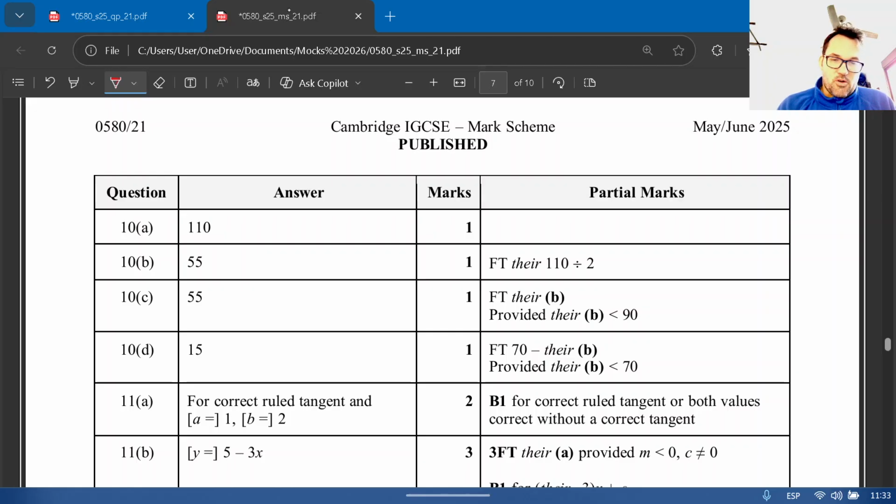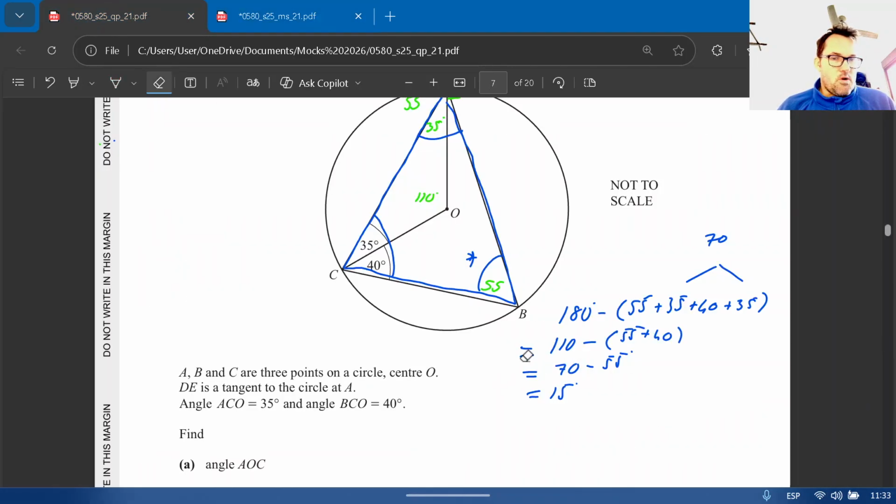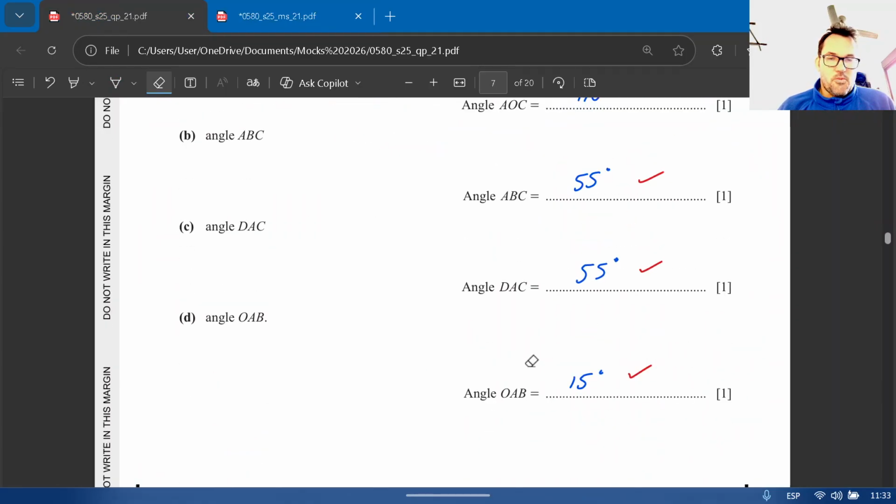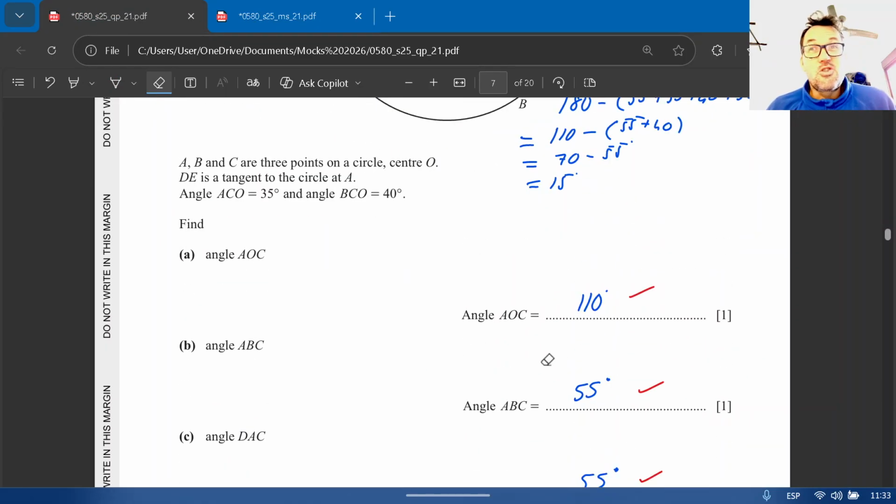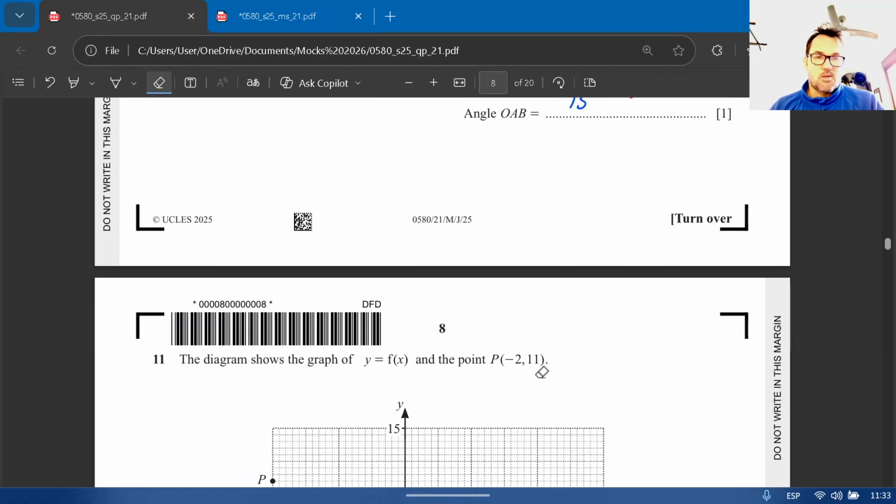And then again, follow through 70 minus their b. So if you had this 10, because I had that 60, then you can get 3 out of 4, even though you have all of them wrong. Okay, so follow-through marks are a real thing. If you need an angle to find another angle you don't have, guess it. You can always get a mark.